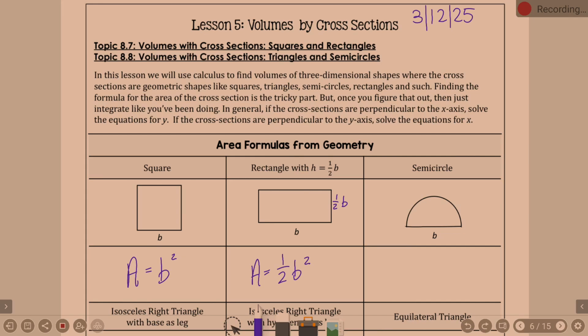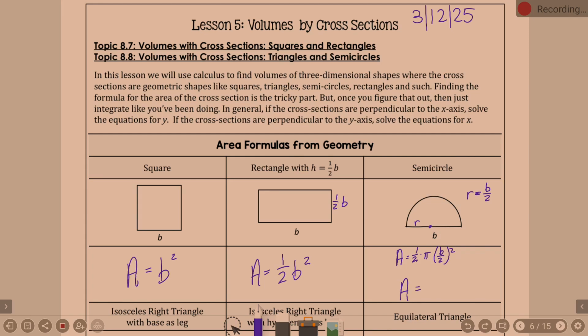I didn't throw in the vocabulary because I didn't want to. But we really need to know the radius. And the radius is going to be 1/2 b or b over 2, whichever way you want to write it. Okay, so when we do this area, semicircle, you guys said 1/2, you said pi, and then radius squared, so b over 2 quantity squared.